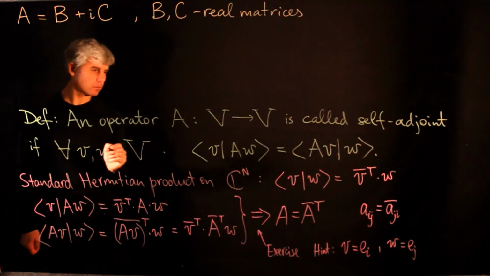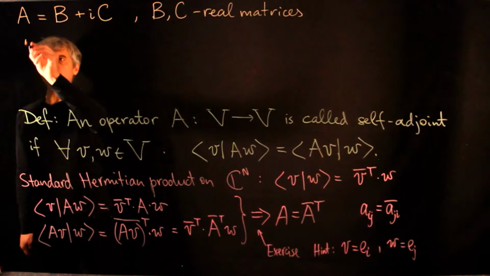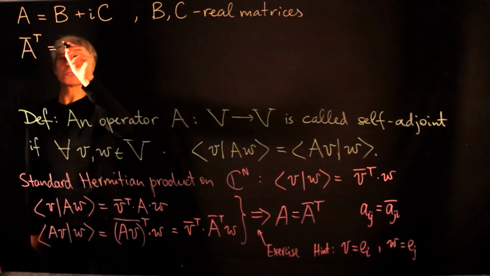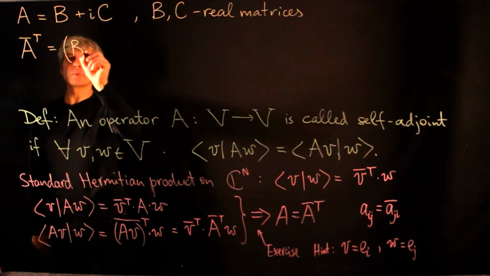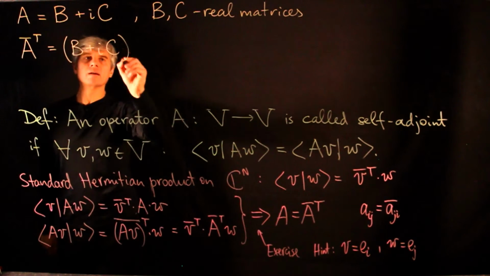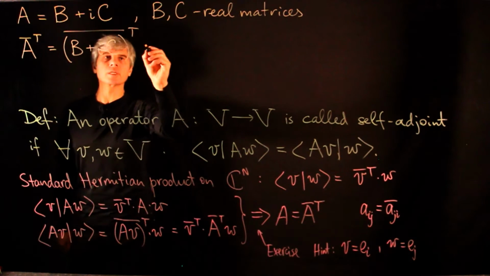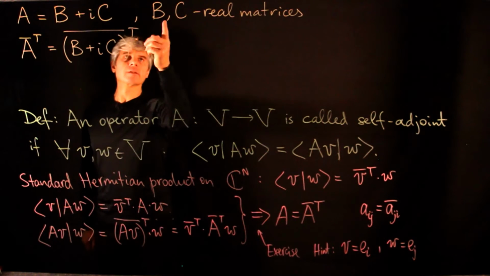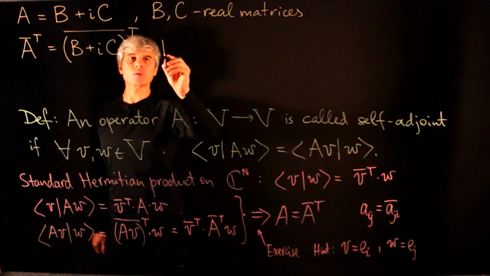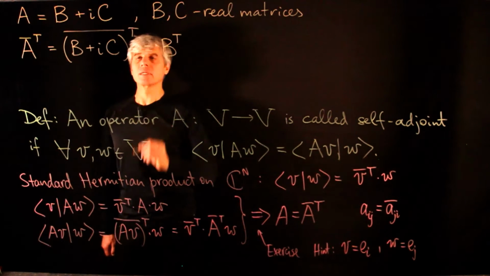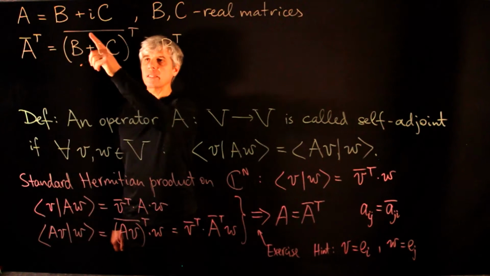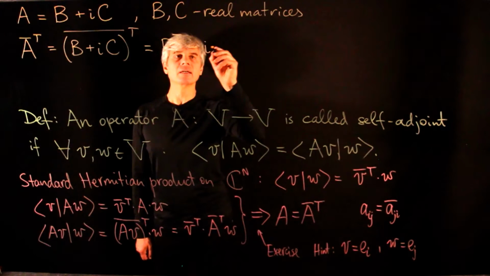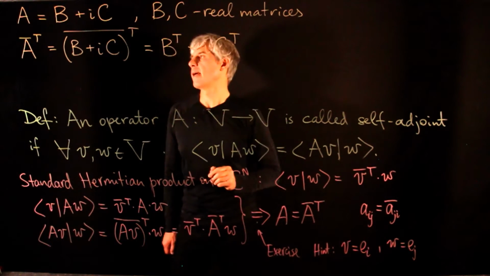Then A bar transpose becomes B plus iC bar transpose. When we conjugate B, because it's a real matrix, it doesn't change, so we get B transpose. And when we conjugate this i, it becomes minus i, so it will become minus i C transpose.